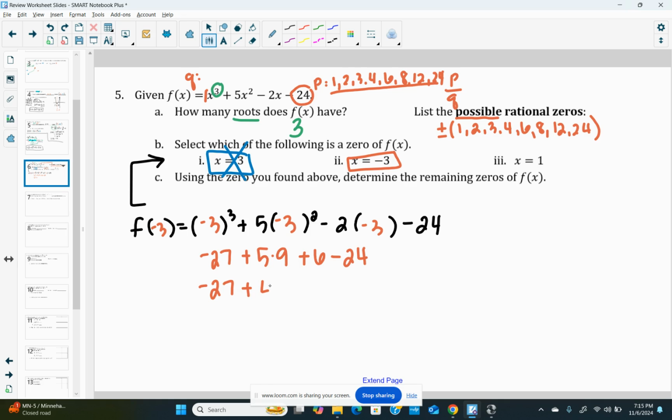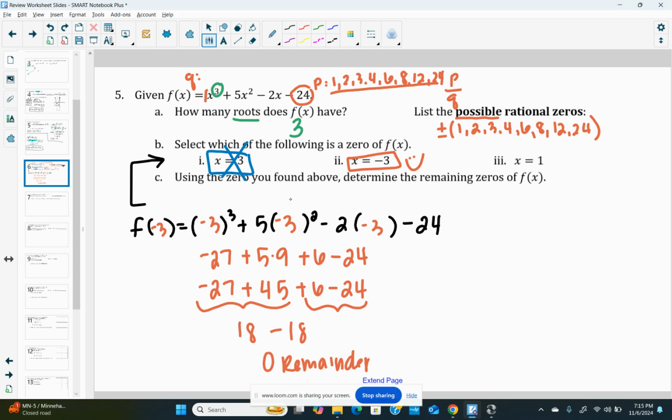So we have negative 27 plus 45 plus 6 minus 24. Negative 27 and positive 45 is 18. And then 6 minus 24 is negative 18. And 18 minus 18 is 0. So f of negative 3 gives us a remainder of 0. So that means that this one is a factor.